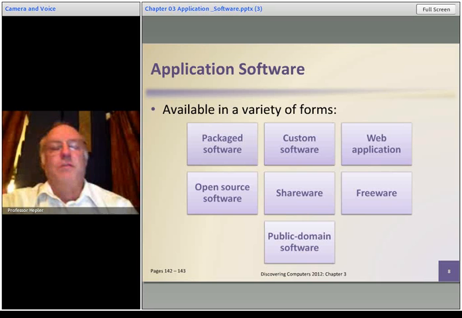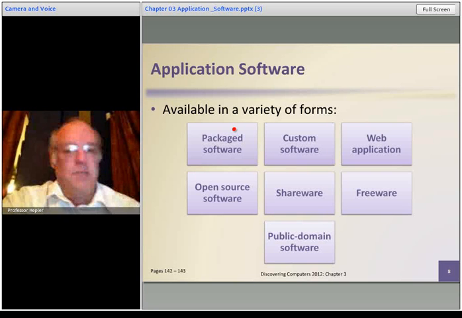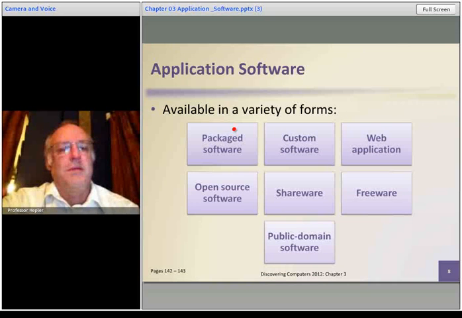we think of the way you can get the software in these terms here. Packaged software means a vendor, like for instance Microsoft, writes programs and packages them, and you buy them in shrink wrap. You buy them and you install them on your computer.